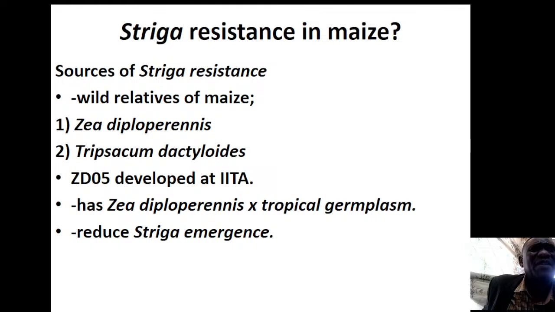These are grasses with sources of Striga resistance. So what happened at IITA is that they developed a maize line known as ZD05 with the Striga resistance. They took Zea diploperennis and crossed it to tropical germplasm.